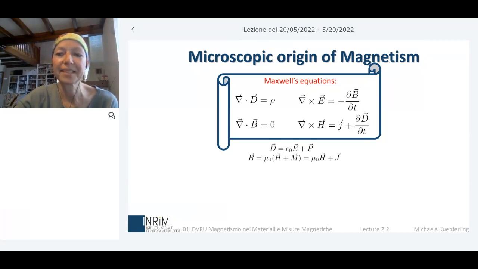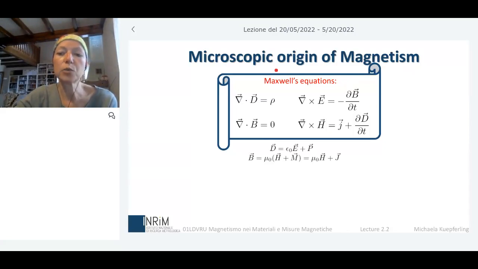Okay. So in the last lectures, we said that Maxwell equations describe very well almost all applications that we have. But the Maxwell equations do not tell us anything about the origin of magnetism. Why is it like that?